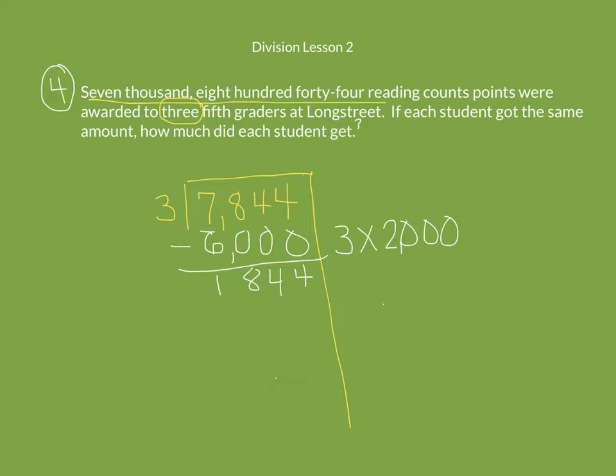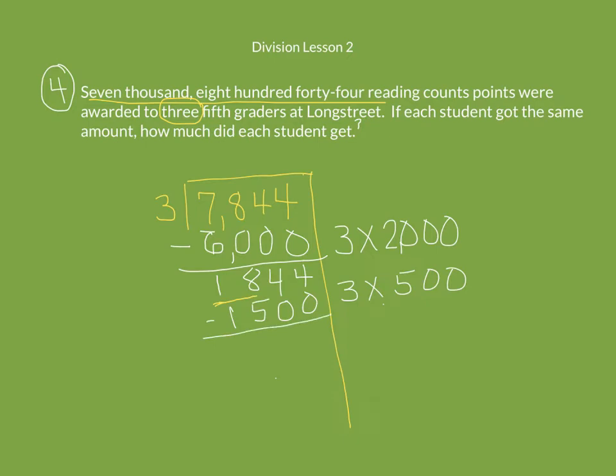So I'm going to look at this 1,800 and think about multiples of 3. Well, I know that 5 times 3 is 15, so I could do 3 groups of 500 and give each student 500 points. 3 times 0 ones, 3 times 0 tens, 3 times 500 is 1,500.